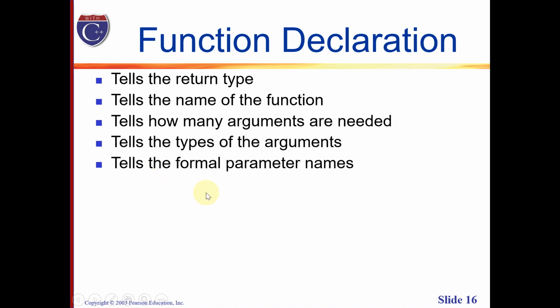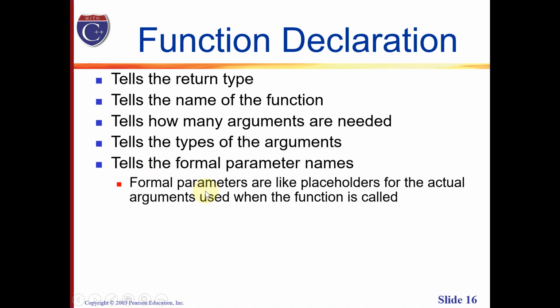Talking about formal parameters, they are like placeholders for the actual arguments used when the function is called. So when we say arguments, these are the values that are being passed to your function when they are called.